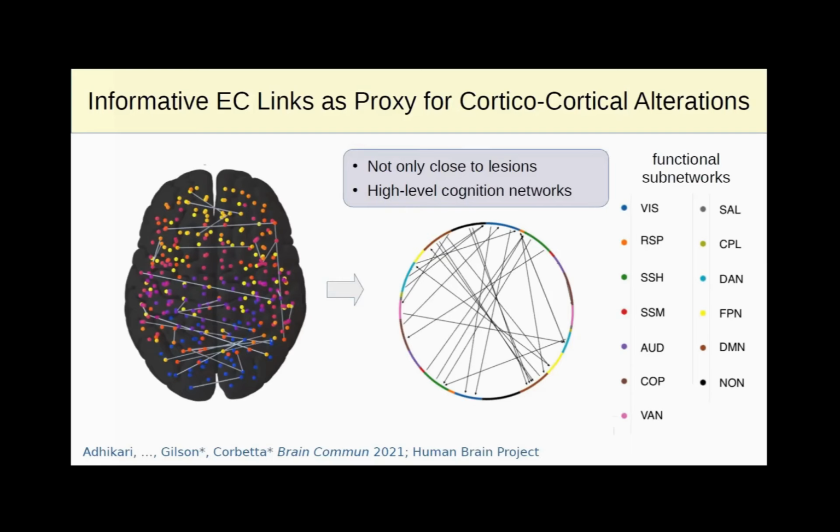And we analyzed whether they were close to the lesions that were related to the stroke, and we found that no, they were more distributed over the whole cortex, and they were involving high-level cognitive networks, like the default mode network or the dorsal attention network.